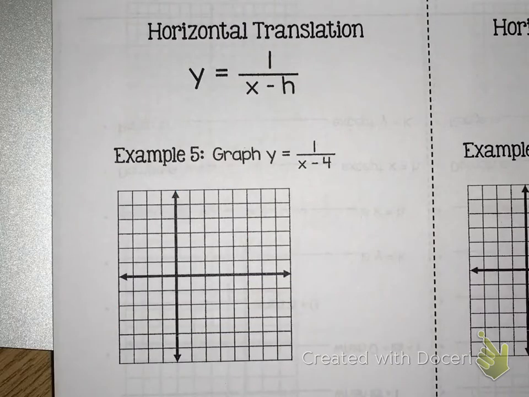So next, we're going to look at the horizontal translation. Remember, anytime that you had it with the x, it was going to move your graph left or right, and it's going to move it in the opposite direction. So because this is a -4, this is actually going to move it 4 units to the right.